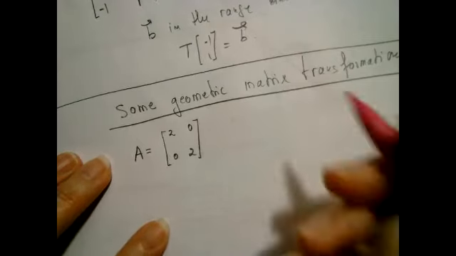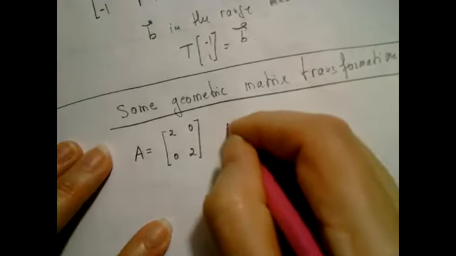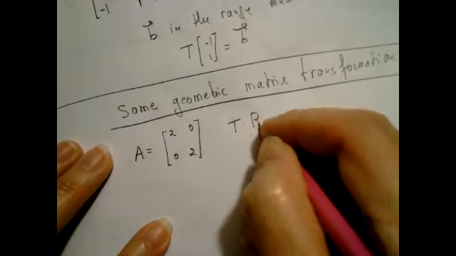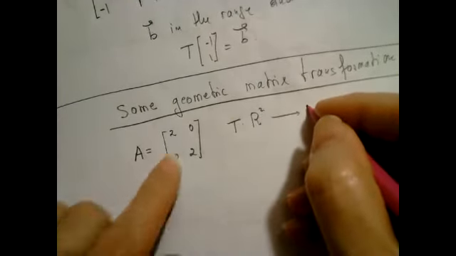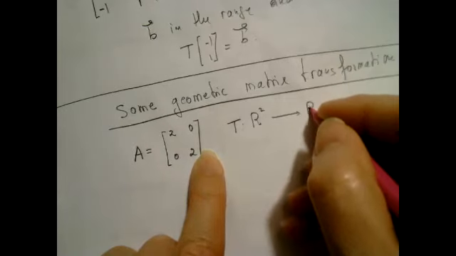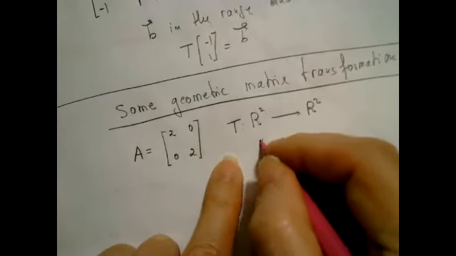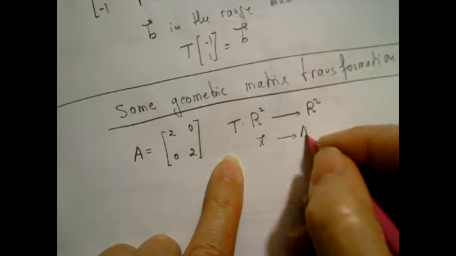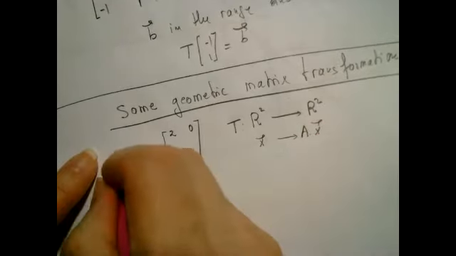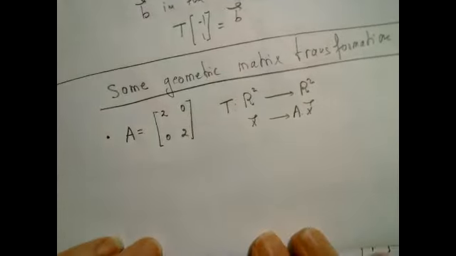So the question is, let T be the matrix transformation from R2, because the output will be in R2, that takes X to A times X. So that's my matrix transformation that corresponds to this matrix A.